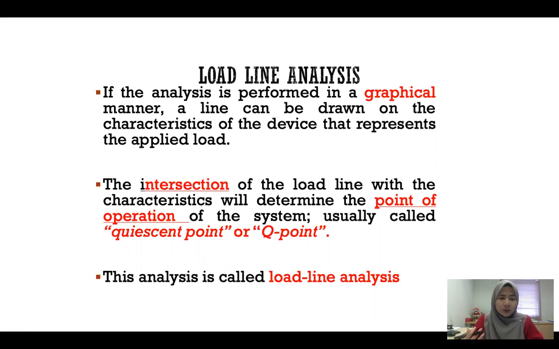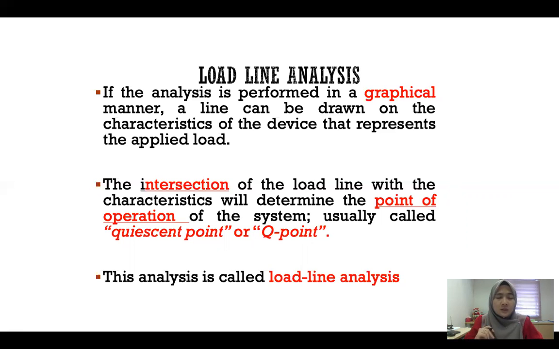I hope that you still remember the VI characteristics of a diode. If you still remember in chapter 4 part 1, you have learned the voltage-current characteristics of the diode, and you should know the graph of the VI characteristics.